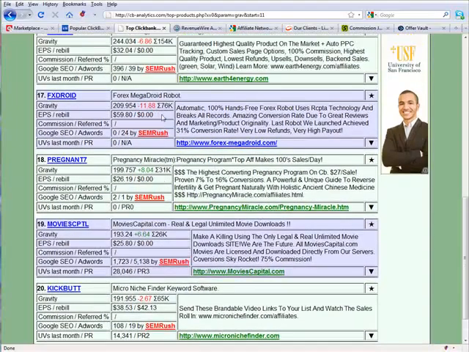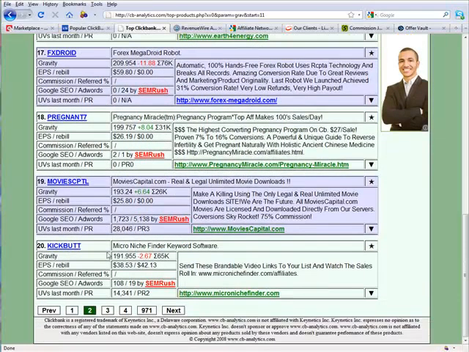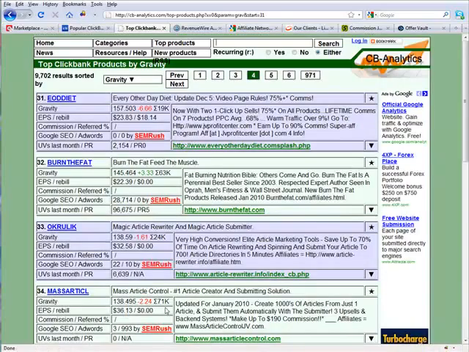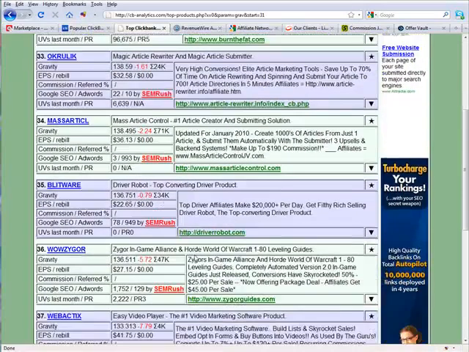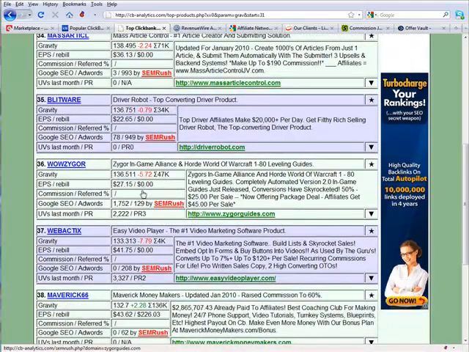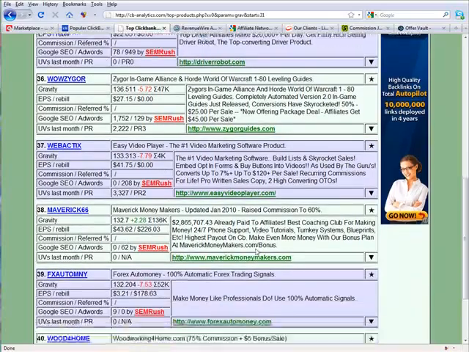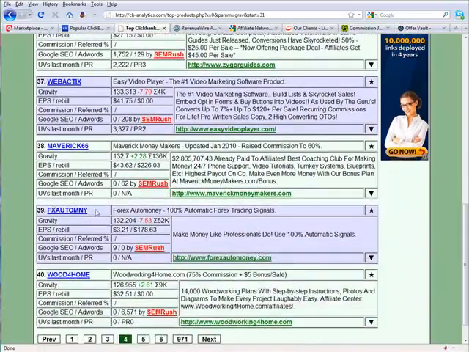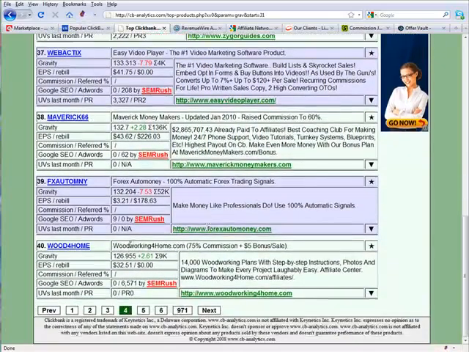Okay, so just keep going through the pages to find different offers. Let's see what we've got on page 4 here. We're still above 100 gravity. We've got some World of Warcraft guides. There's some more Forex stuff. Oh, that one's interesting, Woodworking for Home.